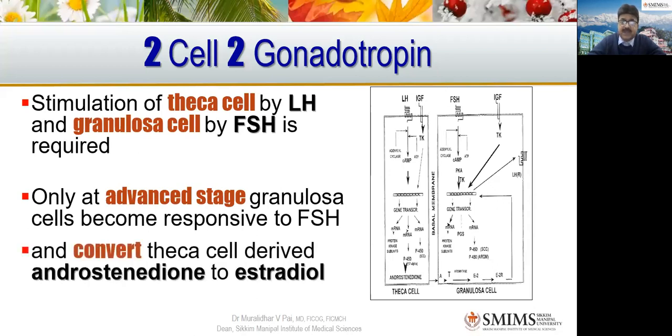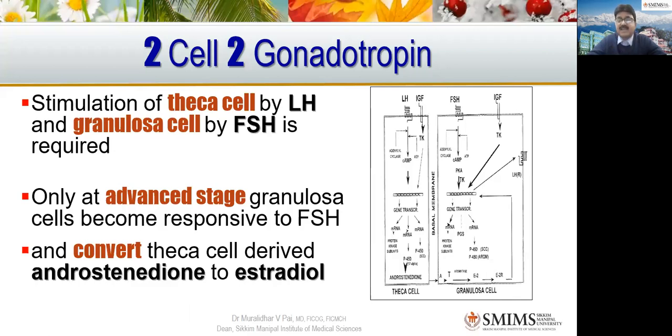What they do is convert theca cell derived androstenedione into estradiol by aromatization. That's where aromatase inhibitors will work. And as I told you, in the case of PCOS, if that doesn't occur, granulosa cells will not produce estradiol.